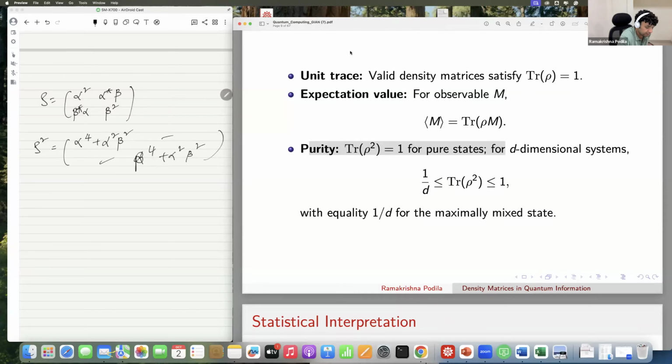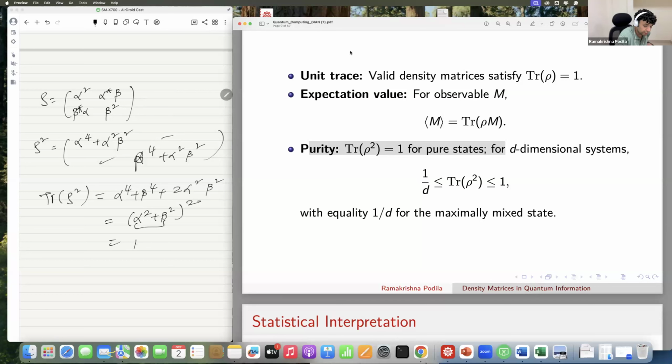So if I look at trace of rho square, I would get alpha to the power 4 plus beta to the power 4 plus 2 alpha square beta square, which is nothing but alpha square plus beta square, whole squared.